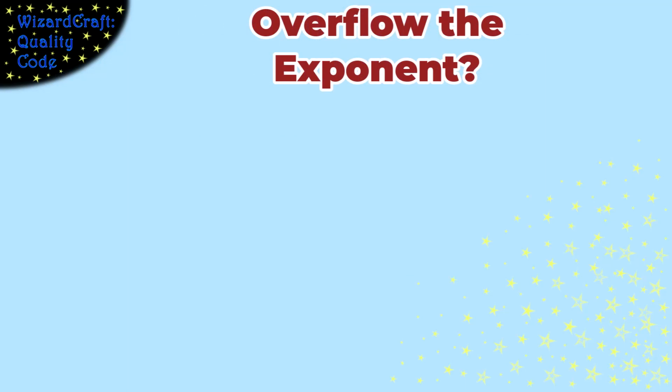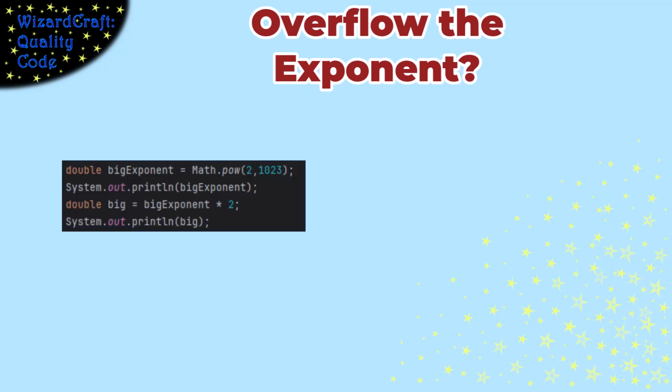Let's think about one more thing. Remember, that exponent is a fixed length integer. What happens if we overflow it? Look at this code. A double in Java is a 64-bit IEEE 754 floating point value. That means that it has 11 bits for the exponent. That means the biggest positive exponent that it can hold is 1023.